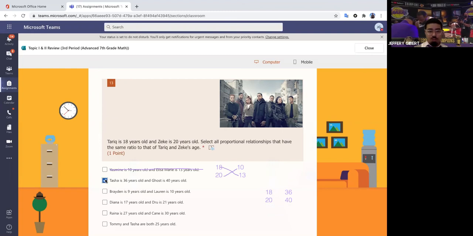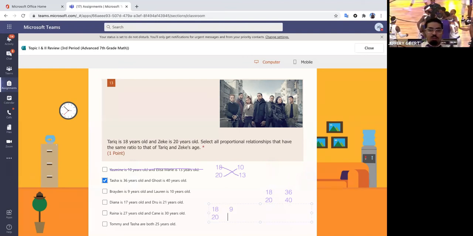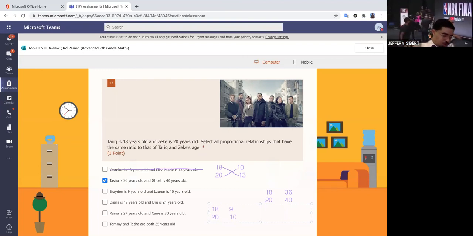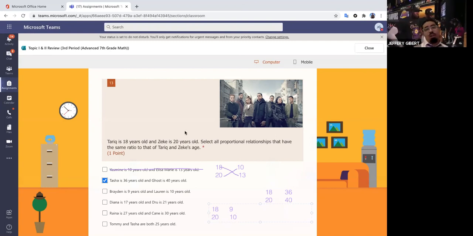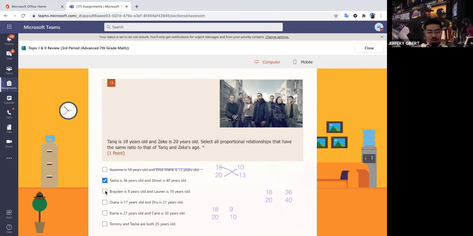So then this one is correct. Next, we got 18 over 20 equals 9 over 10. So you just cross multiply. 18 times 10 is 180, and 20 times 9 is 180. So Khalees, is 180 equal to 180? Yes, it is. All right, so this one's correct.